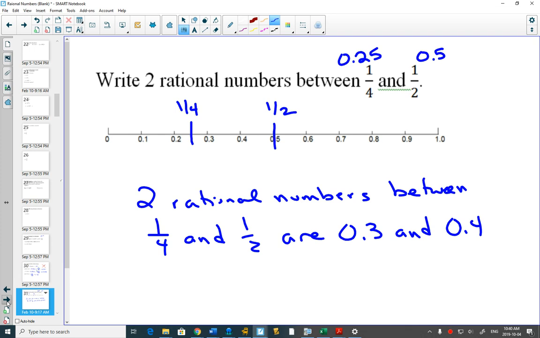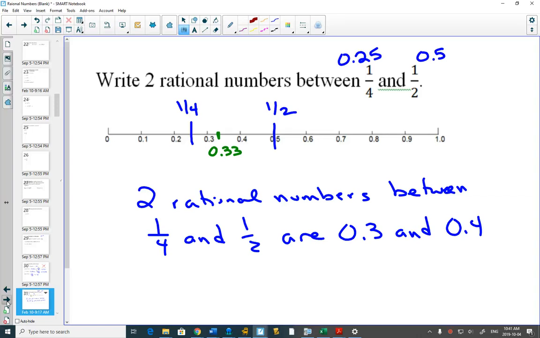That doesn't mean that those are the only two numbers in between. If I wanted to, could you see if I split this up and picked a number in here? That I could have like 0.33 in there? That could be another possibility. So it said two rational numbers. Rational numbers are fractions, decimals that terminate, decimals that repeat.